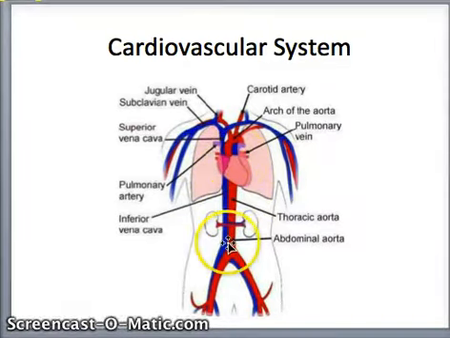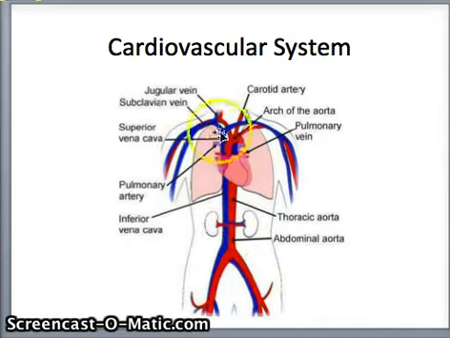All right, and this is all done for respiration, so our body has energy. So we're taking oxygen to the cells and then getting rid of carbon dioxide. So our heart is also greatly intertwined with our lungs, because that's where we pick up the oxygen and that's where we release the carbon dioxide. And then our heart is responsible for pumping this blood all over the place.